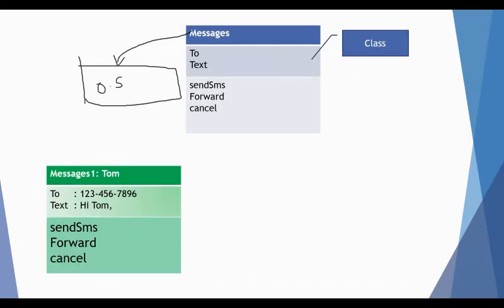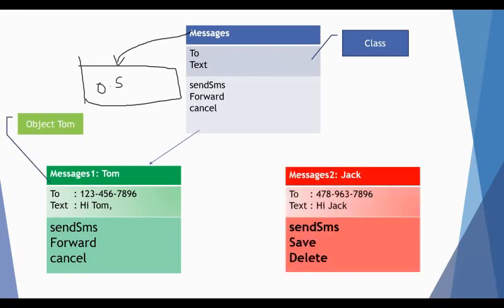Again, the same example we have discussed, messages. You have got two texts, and the operations would be send SMS, forward, and cancel. Using one class, you're creating multiple objects. One is object Tom, and the other is object Jack. As discussed, each object will have its own data.